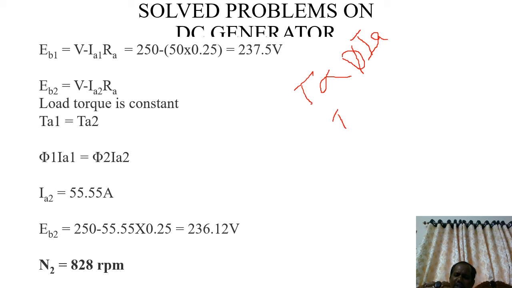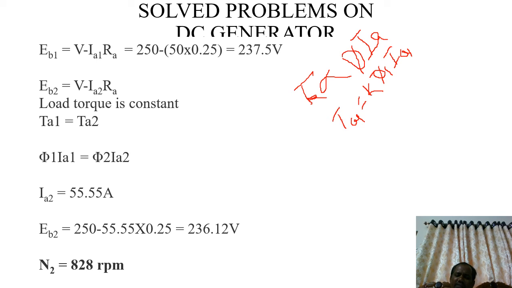TA1 is equal to a constant K into phi1 into IA1. You can write this equation, since torque is constant.